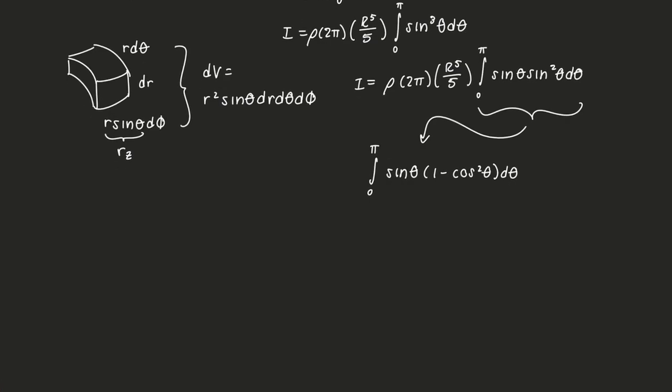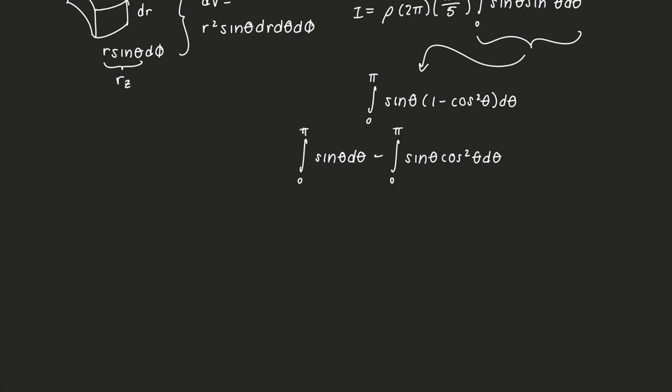Then we can go ahead and separate this integral from 0 to pi of sine theta d theta minus the integral from 0 to pi of sine theta cosine squared theta d theta. And so this first integral is pretty simple. It just ends up being negative cosine theta from 0 to pi.